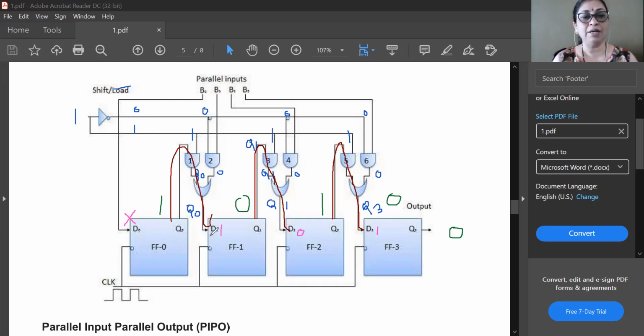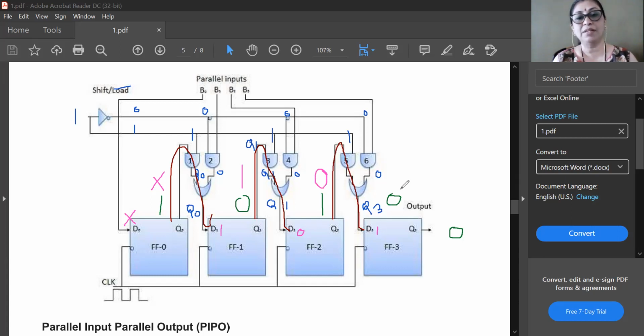This 1 will be loaded to flip-flop number 1, because this 1 is given as input to D2, and therefore do not care about the output of Q3 at this time, but this 1 will now be shifted to Q1. So the output of flip-flop number 1 will change from 0 to 1 because 1 is applied here. Now, as you can see, earlier 0 was present here and the output of this will become 0 now.